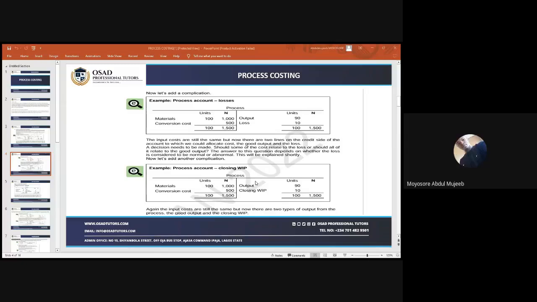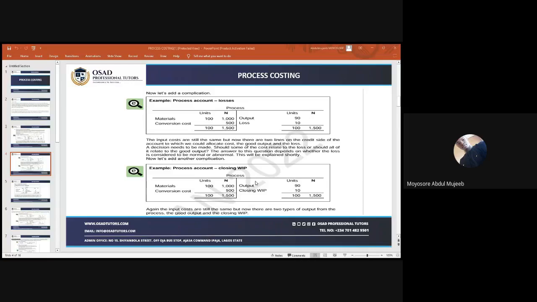When you're talking about closing work in progress, that means at the point of closing this account, maybe at the end of that financial year or at the end of that period, the work in progress, the processed work that is unfinished, amounts to 10 units at that particular point in time. Do you get me?